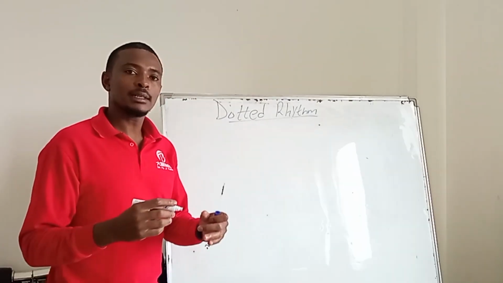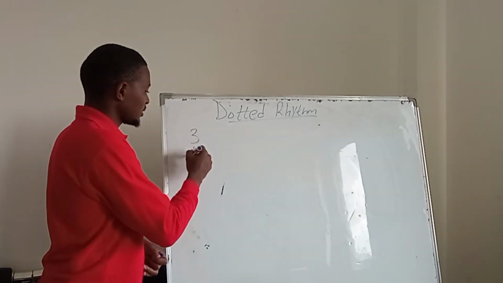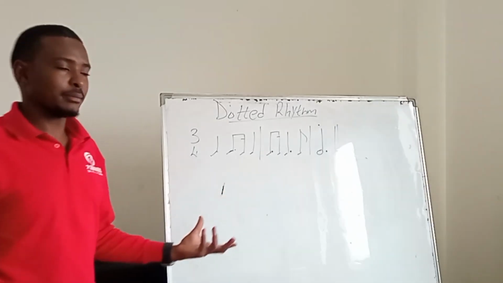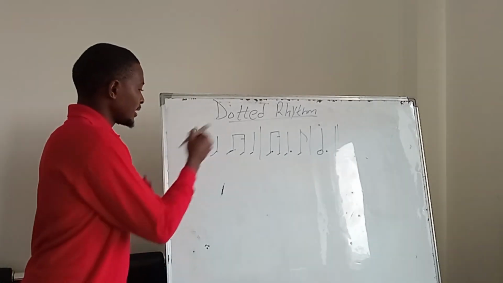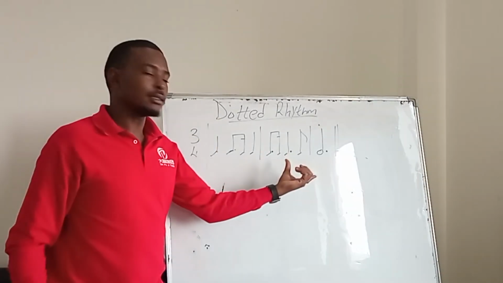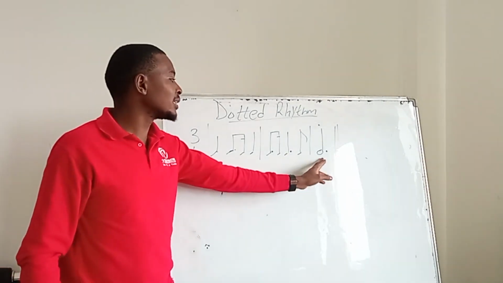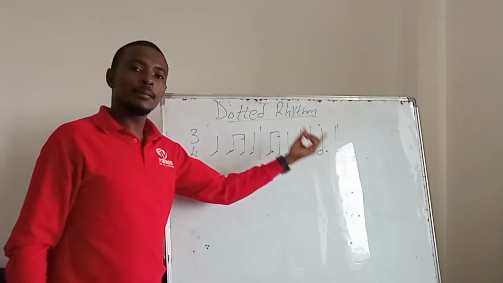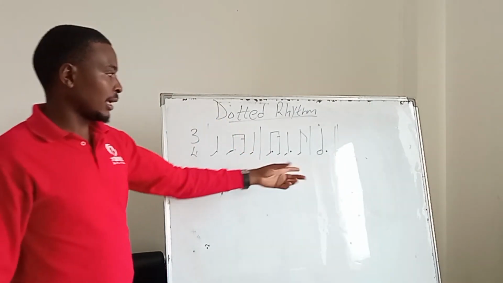Now we try another one in 3/4 time signature. This is a simple one. Just look at it now. We have just introduced another dotted rhythm that was not there before.